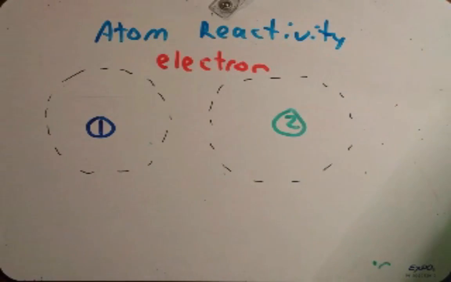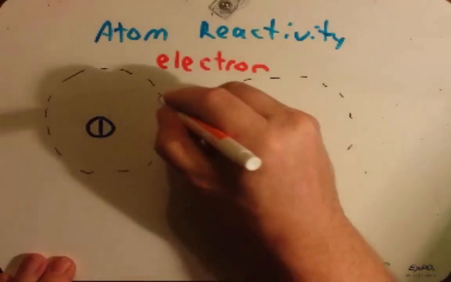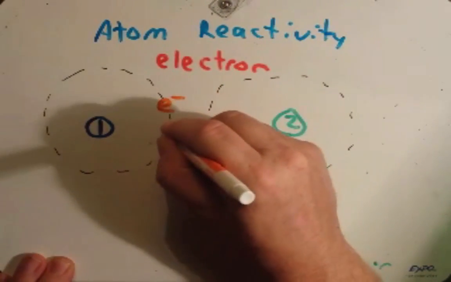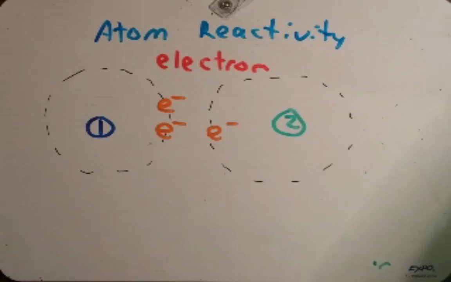are these electron shells. Depending on the atom that you're looking at, you can have multiple layers of these electrons. It is the electrons in this outer shell, and they exist in pairs, that interact with each other either to share or to donate electrons.